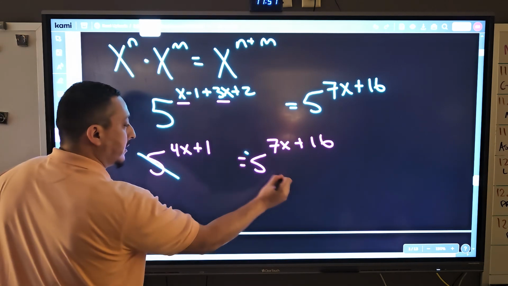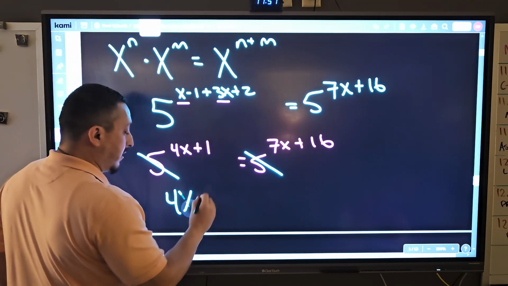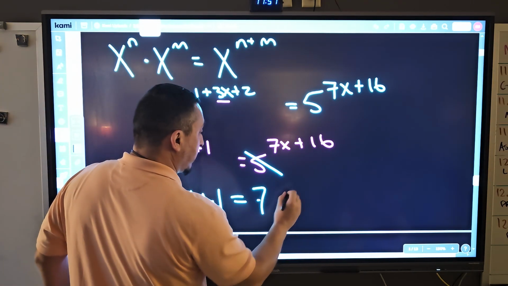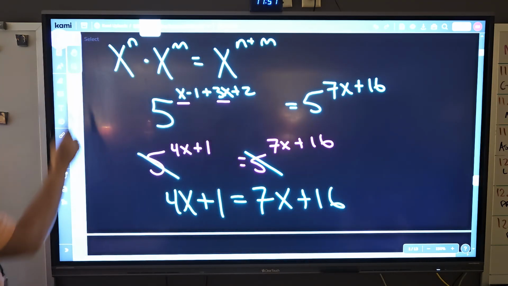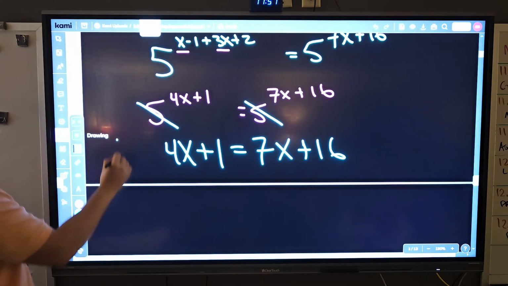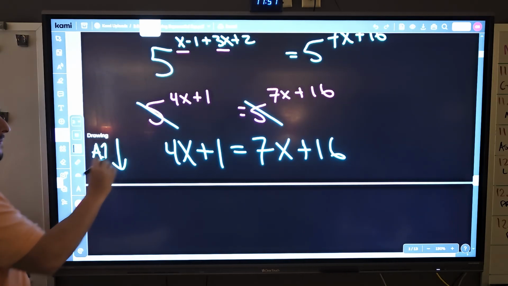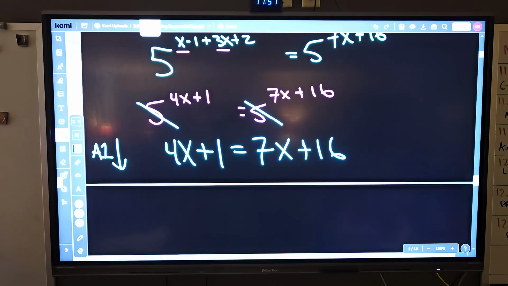So cancel, cancel. Equals 7x plus 16. And after this, once again, it's just Algebra 1. Move the x's to the left, move your numbers to the right, isolate the x. Are we okay with that? Are we okay with the solving, or do y'all need me to do that? Is that all right?